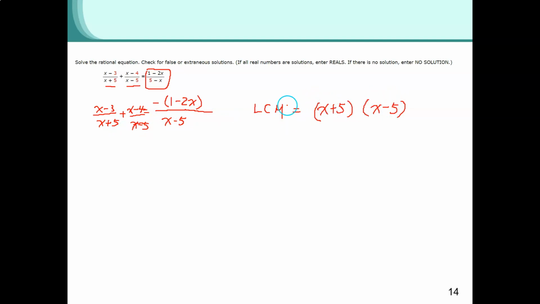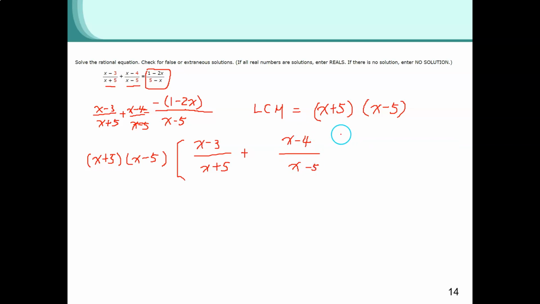When I multiply these two terms into the both sides of the equation, the denominator part will be cancelled out. So let's do this. I'm going to multiply x plus 5, multiply x minus 5 into the left hand side. So I have x minus 3 over x plus 5 plus x minus 4 over x minus 5.